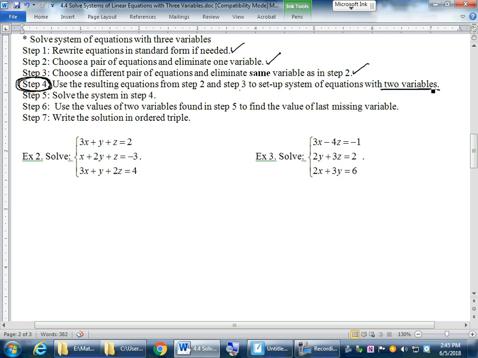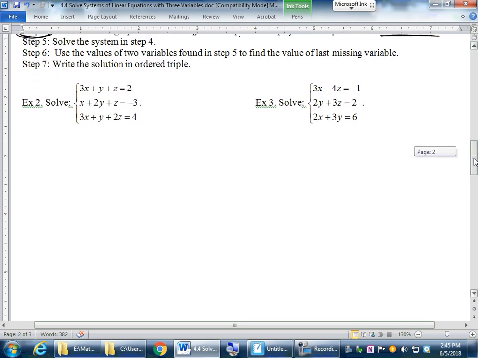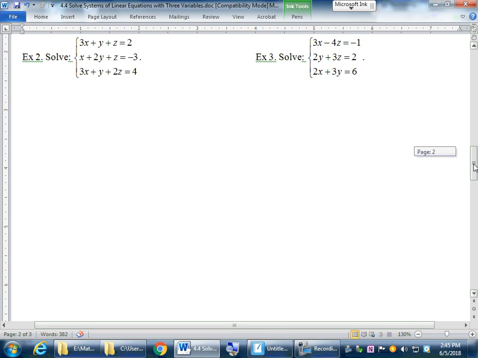And that's something that we know how to continue solving. So after we get two variables with two equations, we continue solving and then look for the missing variable after that. So let's try example 1 to see this entire process.